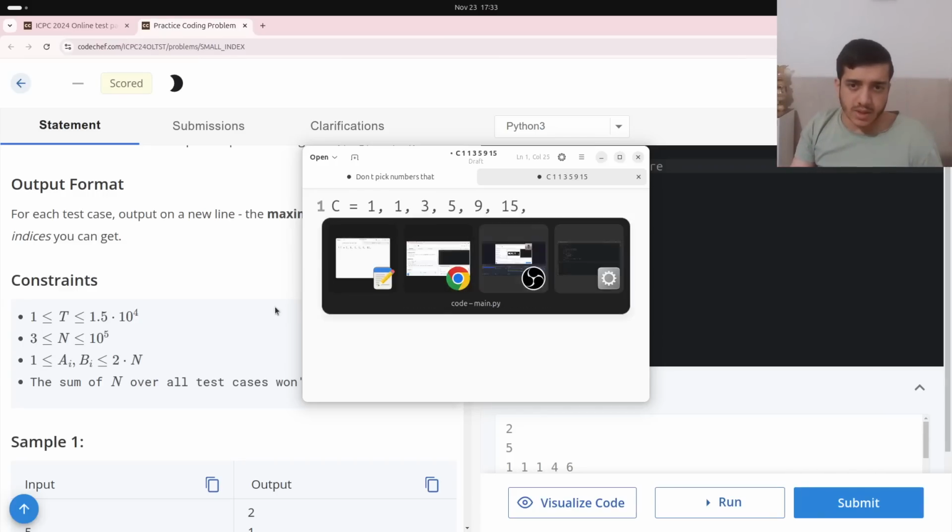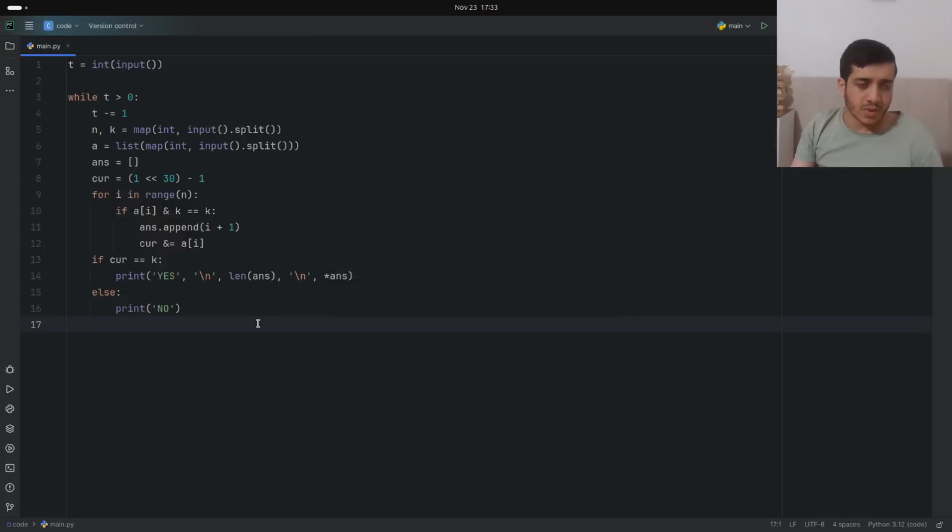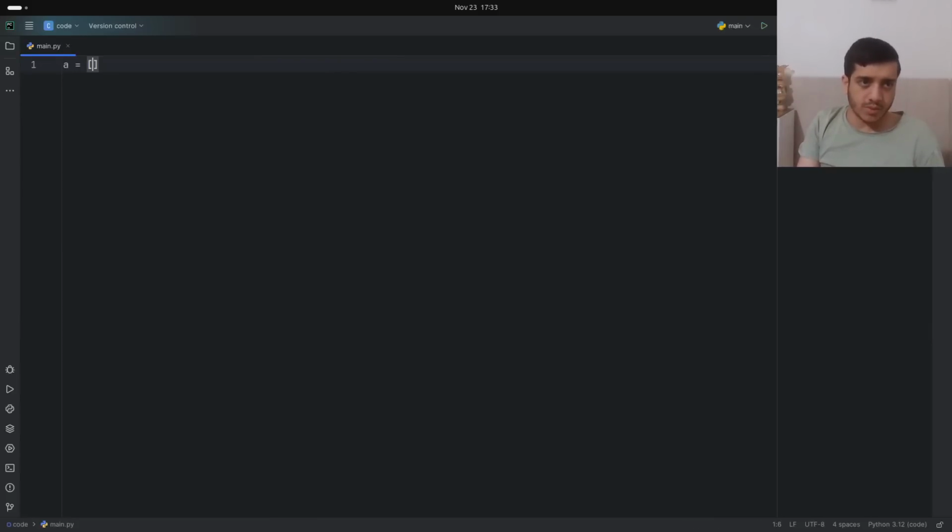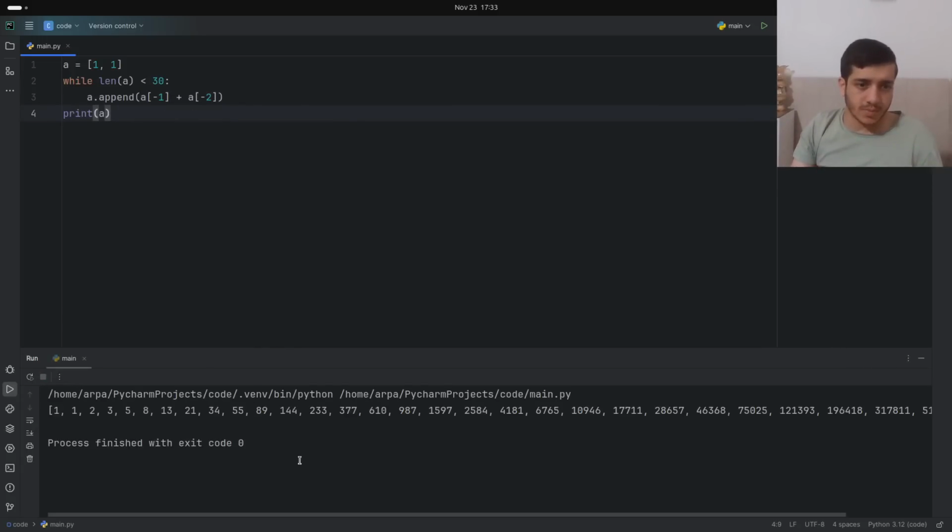Okay, something is ruining my mind, so let me try something. I want to calculate how many elements can be there.